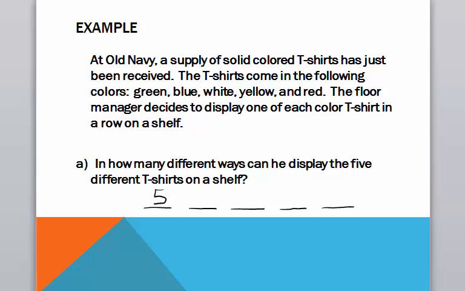In the second position, he can use any of the 4 remaining colors. So in other words, if he had used green here, then green would be eliminated, and for the second spot he would be left with blue, white, yellow, or red. So 4 choices. In the third position, he can use any of the 3 remaining colors.